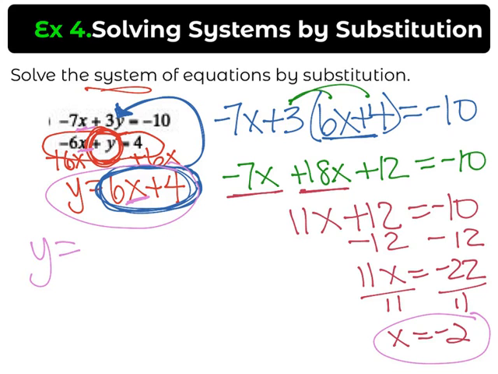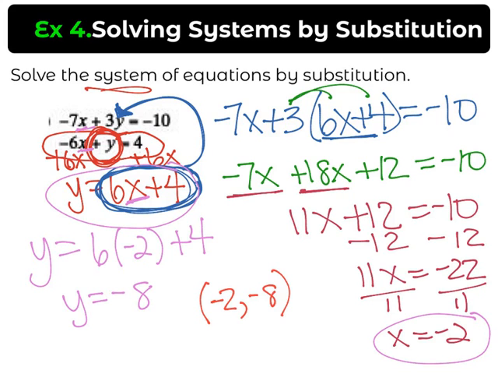So we do y equals 6 times negative 2 plus 4. 6 times negative 2 is negative 12, plus 4 would be negative 8. So our answer is the point negative 2, negative 8.